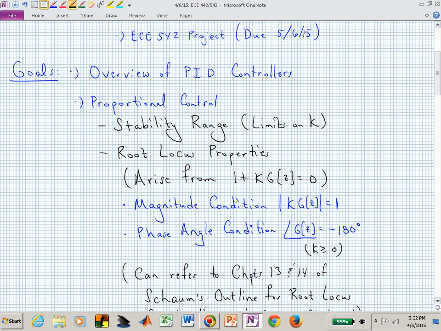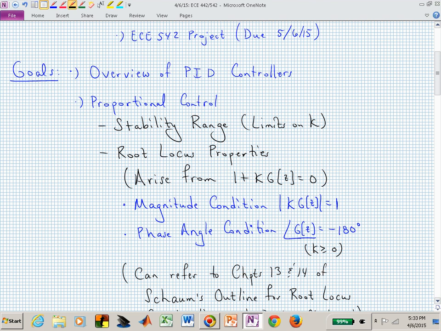If you view 1 plus kG(z) equal to 0 as a complex equation, an equation that has complex roots for z, you can say kG(z) is equal to -1. -1 you can view as a complex number having a magnitude of 1 and an angle of -180 degrees.